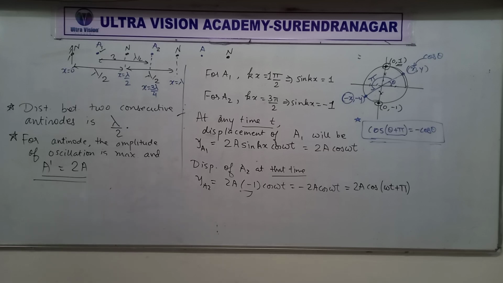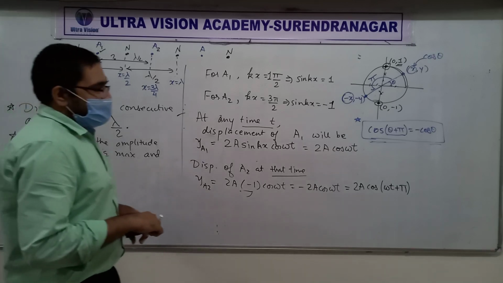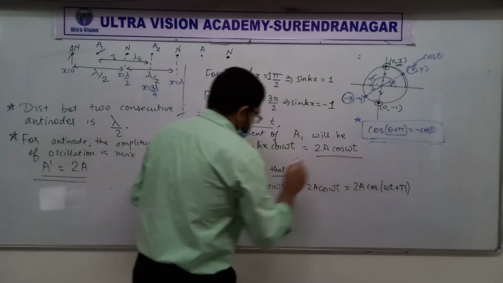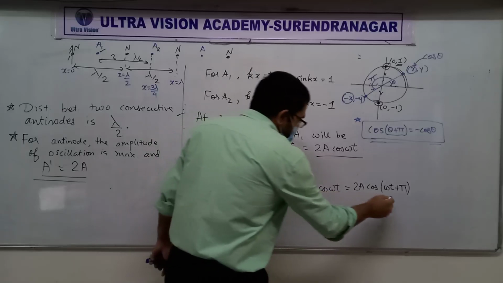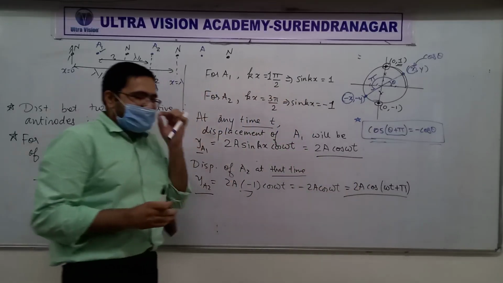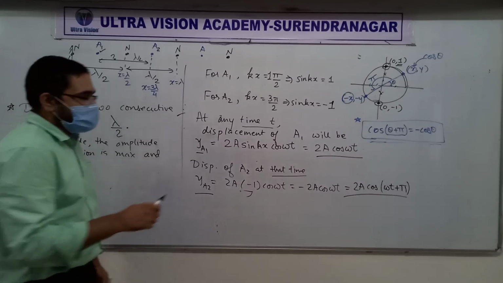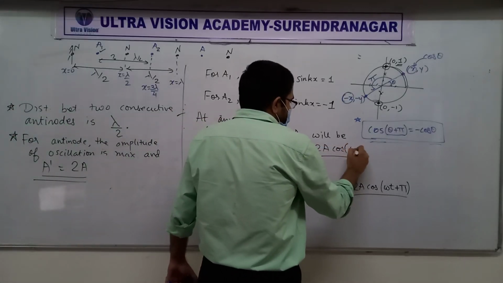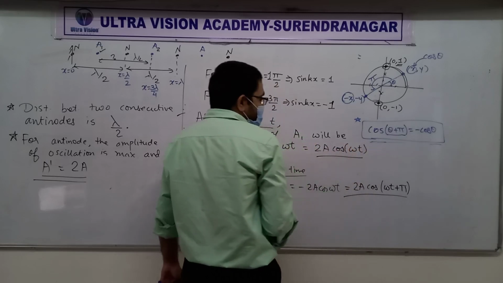What does this mean? This means that if you compare YA1 with YA2, there is a phase difference between them. Do you remember phase difference? This angle is called phase. The angle that we write here in bracket is called phase.